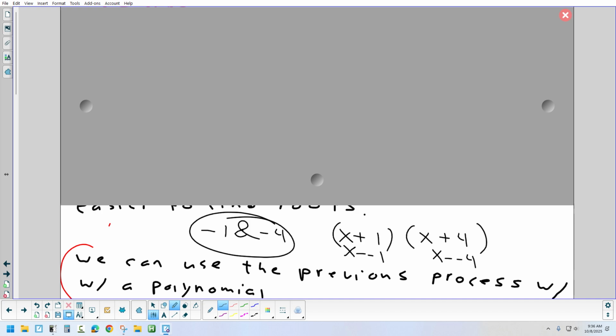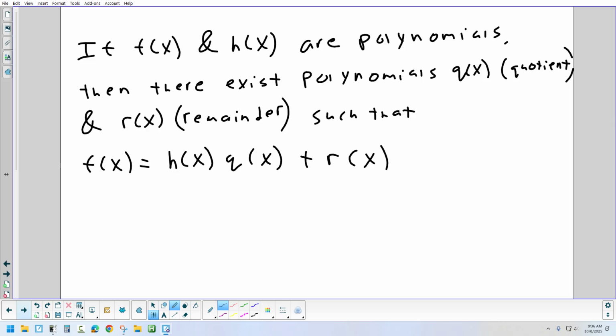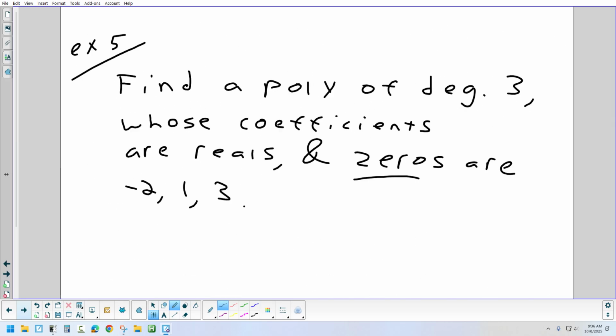If you fill in negative 4 for x right there, what do you get? 0. That means these are the two factors connected to those two roots. Because you can take that number, fill it into one of them, and the answer will come out to 0. So if you know these two roots, you can work backwards to figure out your two factors. And that's kind of the last thing we're going to focus on.